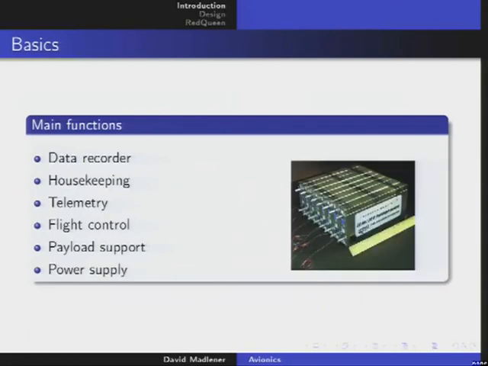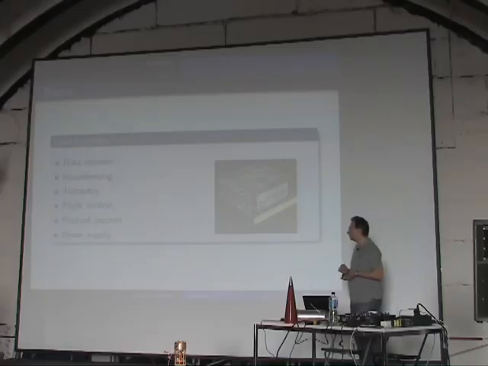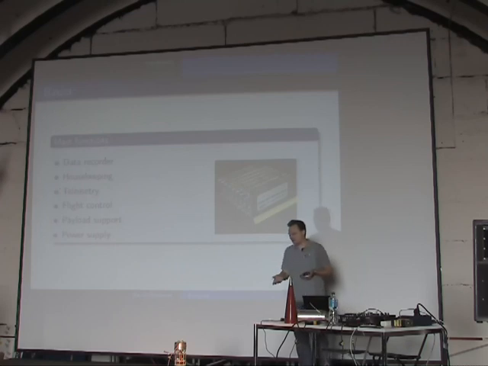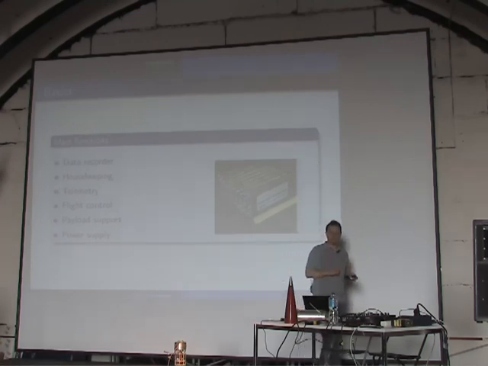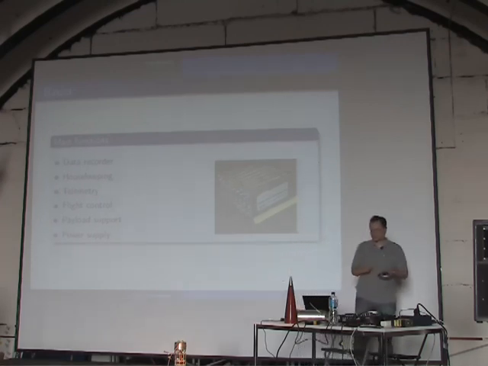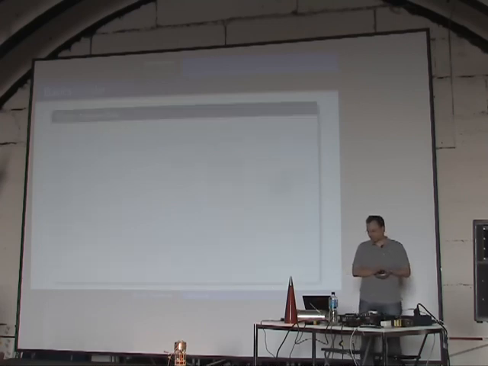And then there's, of course, very important and sometimes overlooked, the power supply. The power supply is the most important subsystem in an avionics. Why? Because when it fails, nothing works. Very simple. And from a first glance, it is a very simple system, but the devil is in the details. So these are the main functions.